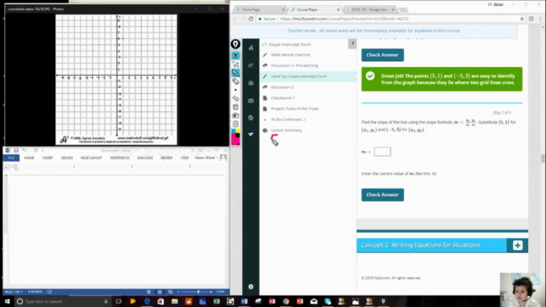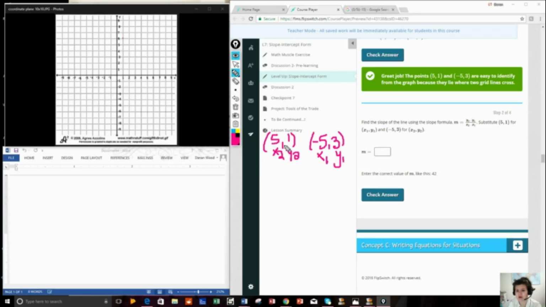What if I made 5, 1 x2, y2? Would it matter? And what if I made -5, 3 x1, y1. And because I have this, I'm going to work it out both ways because I really like to see it visually. I'm a very visual person.